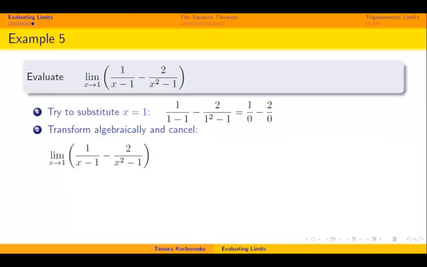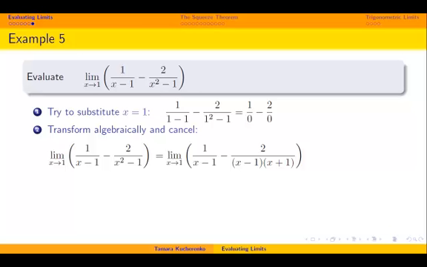We can rewrite it by combining the fractions and simplifying. Notice that the denominator of the second fraction, x squared - 1, factors as (x - 1) times (x + 1).